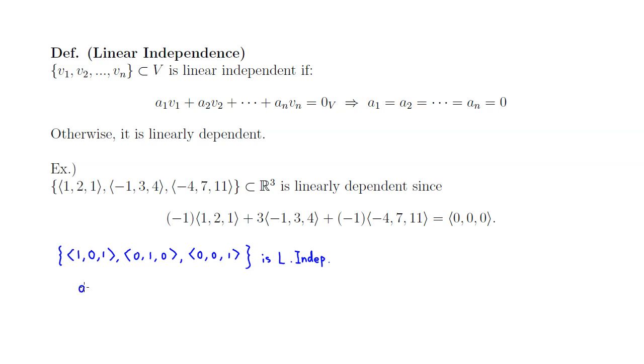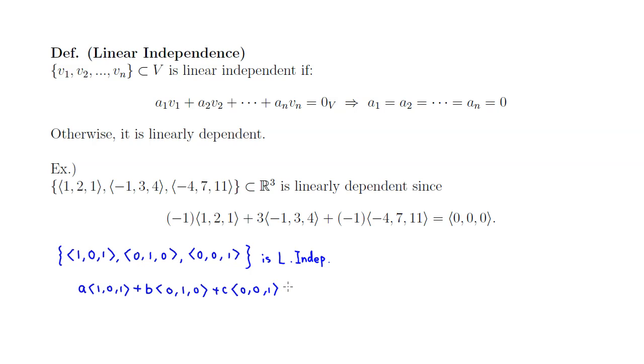So we say A times (1, 0, 0). I'm just making a linear combination with unknown constant coefficients, so I'm going to just say A, B, C, plus B times (0, 1, 0), and C times (0, 0, 1), right?